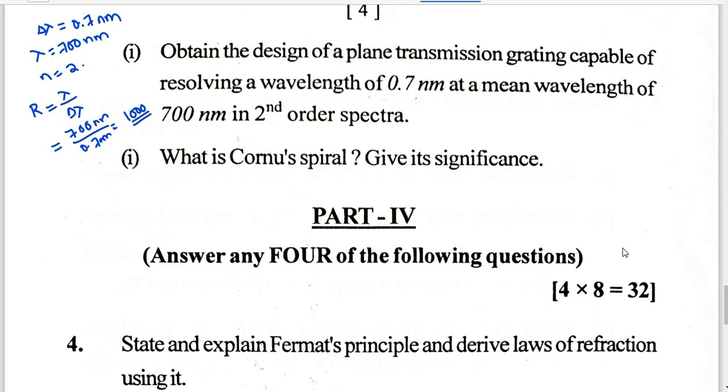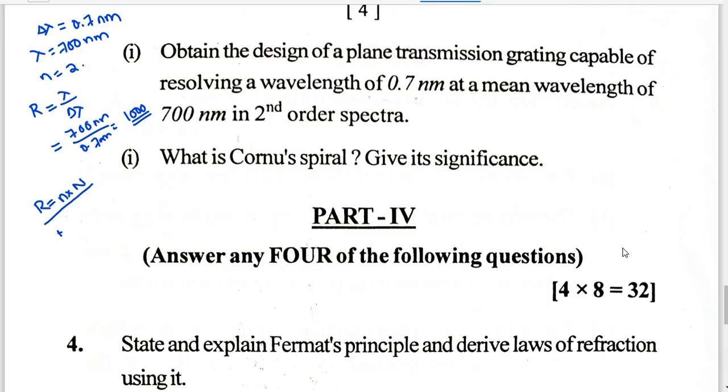Now there is another formula. The resolving power is also equal to the order n into the number of lines in the grating. Basically a diffraction grating has multiple lines. So R is the resolving power, n is the spectra order, and capital N is the number of lines.